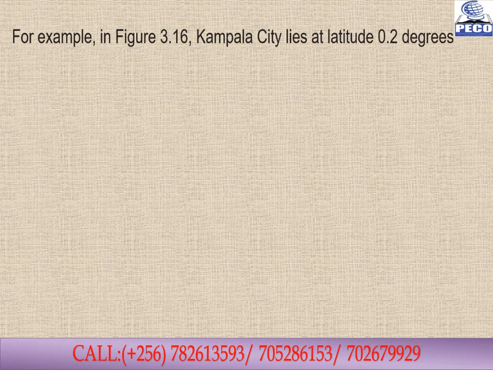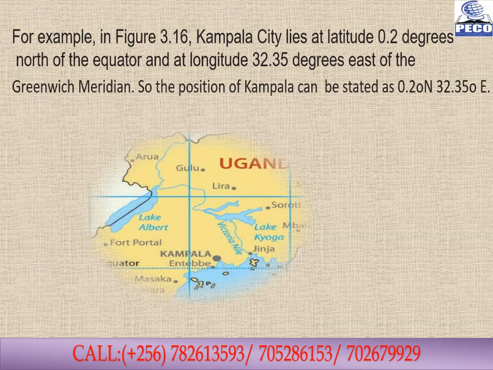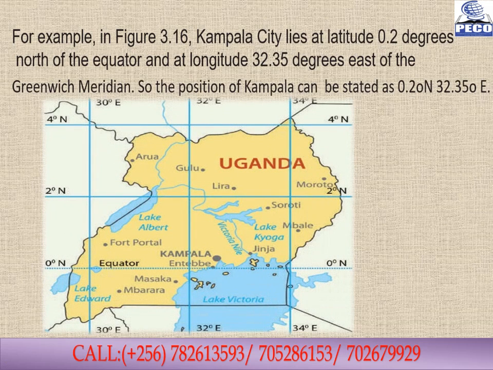For example, when we look at the map below, it is a sketch map of Uganda showing the different towns. When we take Kampala city as an example, it is lying almost close to the equator, which is 0 degrees. So Kampala by latitude is located at 0.2.